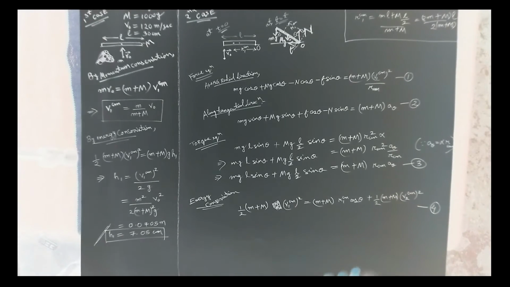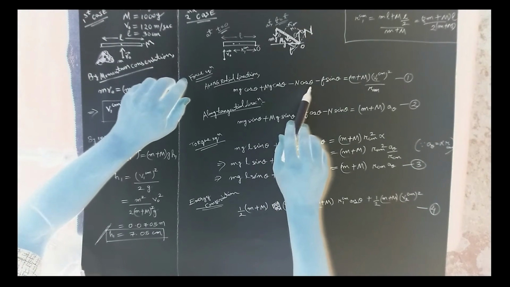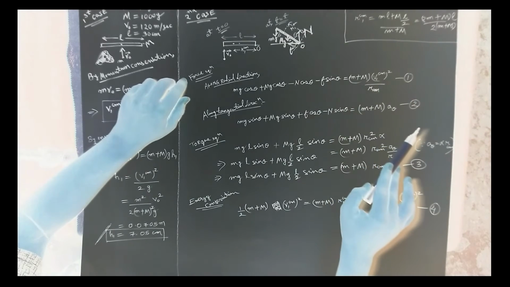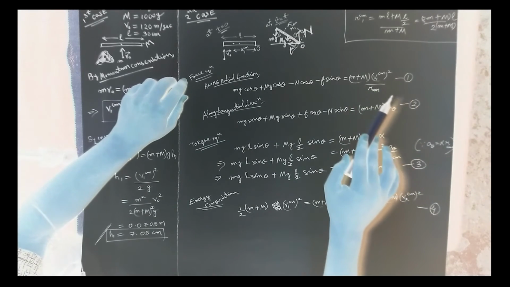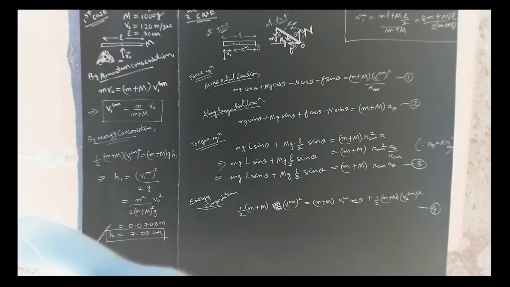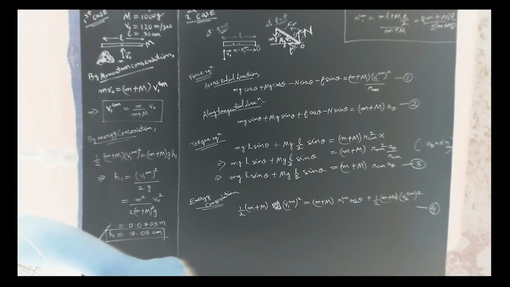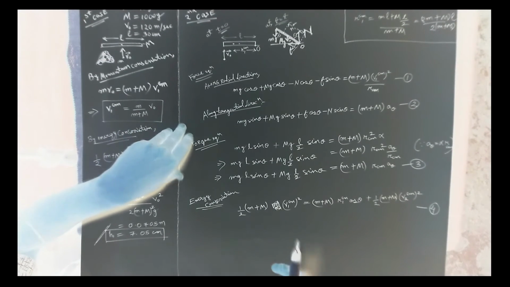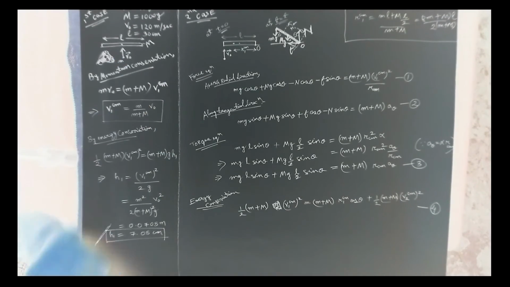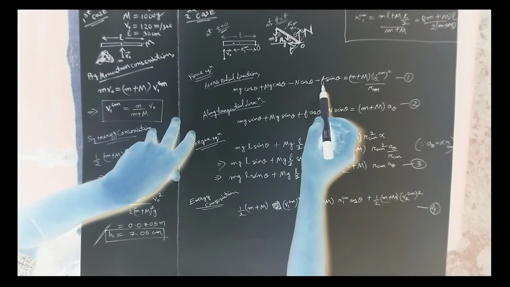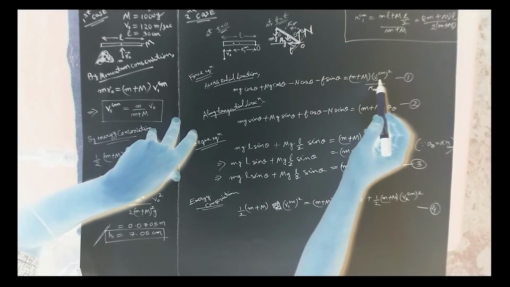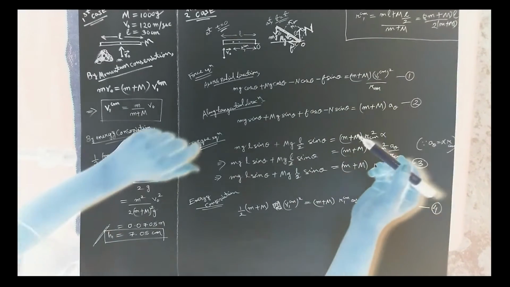See, we have five variables: the normal direction f, n, f, theta, v1 cm, and a theta.